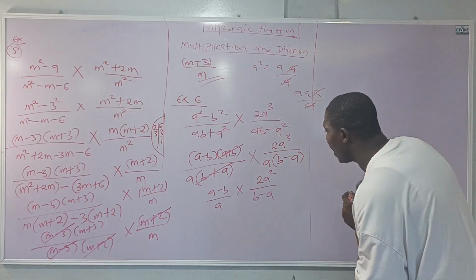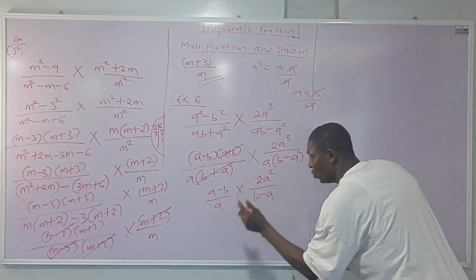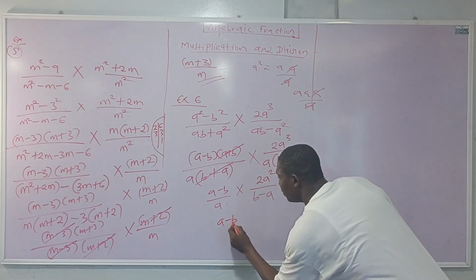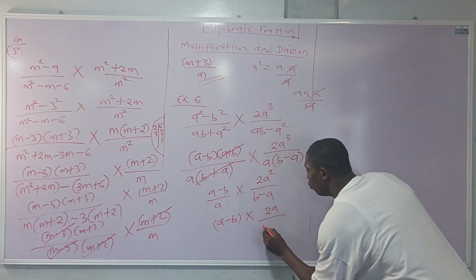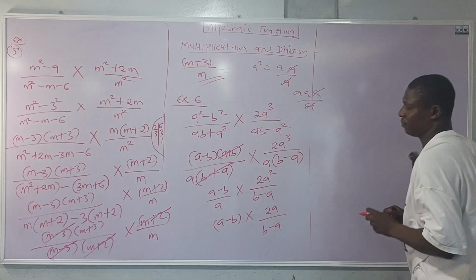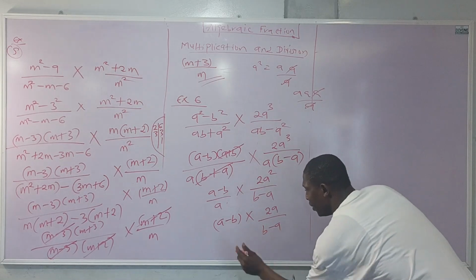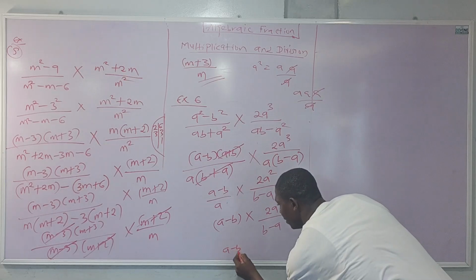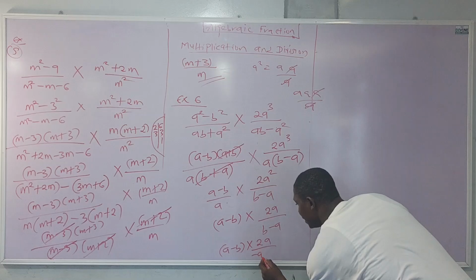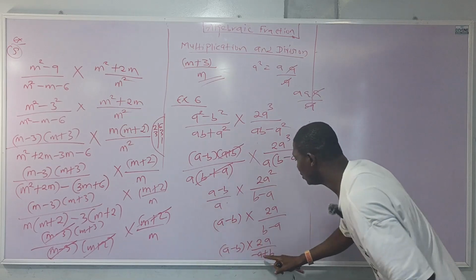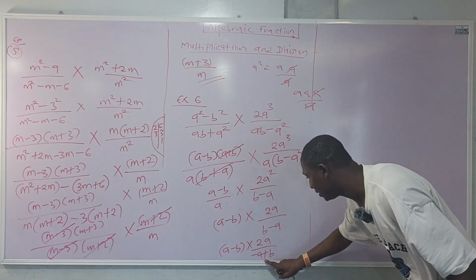Now, the next thing we have to do, this a can cancel one a here also, to have a minus b times 2a all over b minus a. And again, this can be rearranged to have a minus b times 2a all over negative a plus b. Don't change the sign because it's not crossing an equality sign, so it remains the same.